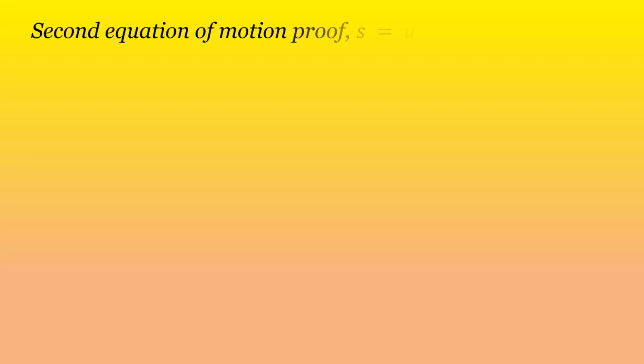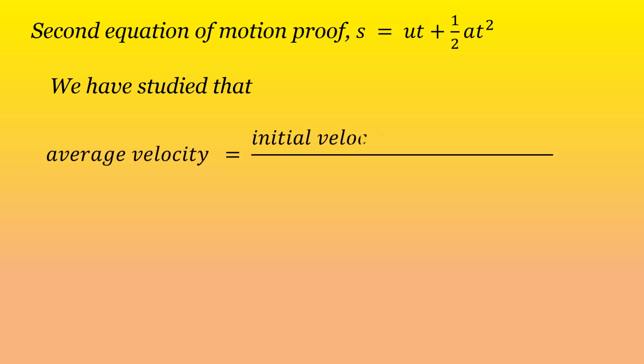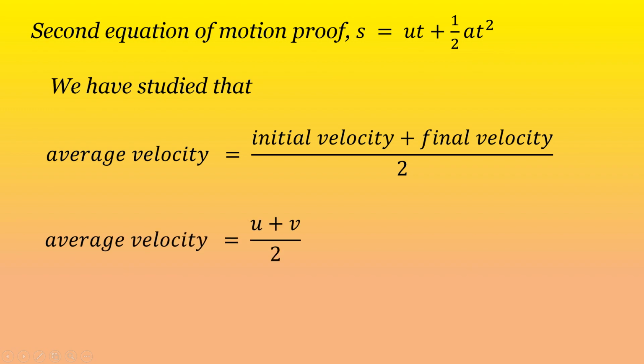Now we will discuss the proof of the second equation of motion, that is s is equal to ut plus half at square. In understanding this derivation, we have studied that the average velocity is equal to initial velocity plus final velocity upon 2. Initial velocity is u and final velocity is v, therefore average velocity is u plus v divided by 2.